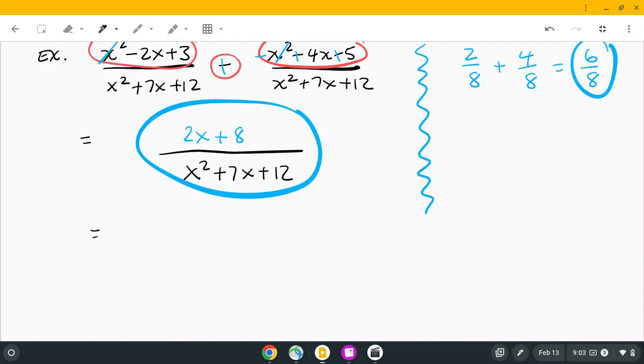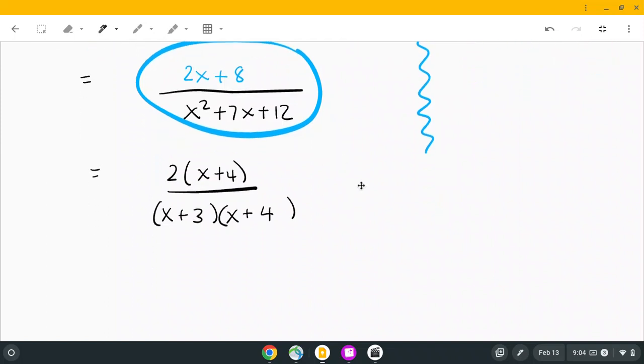just to see if you can cancel any common factors. So in the numerator, they have 2 in common. So I'll factor out a 2 and I'll have x plus 4 left. And over here, I have a trinomial, so x times x to make x squared. I need positive, positive, and it looks like to make 12, it's going to be 3 times 4. That way I get 7 for the middle. And I notice here that the x plus 4's do cancel.